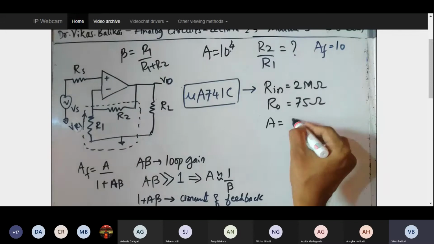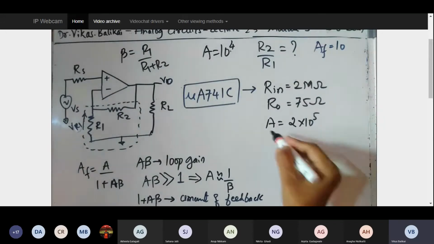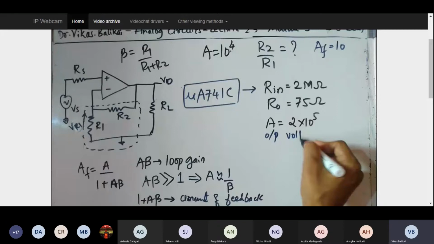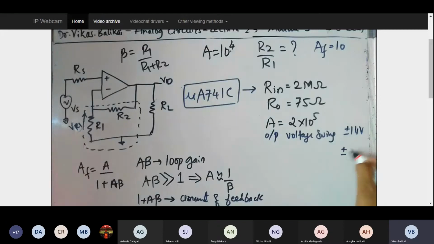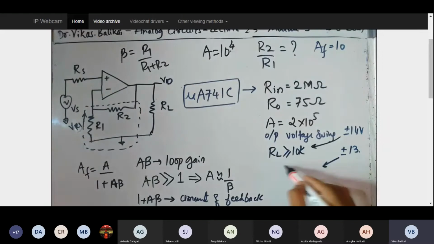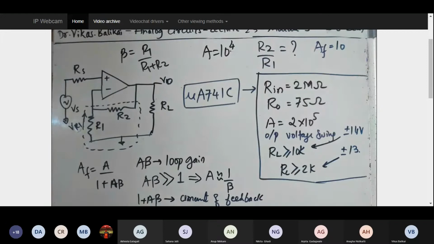The output voltage swing will be plus or minus 14 volt if RL is greater than 10k, or plus or minus 13 volt if RL is greater than or equal to 2k. Please make a note of it. And the input voltage range will be plus or minus 13 volt.